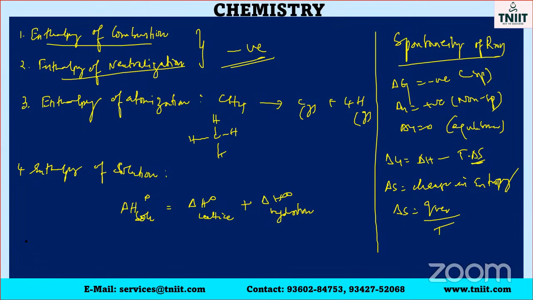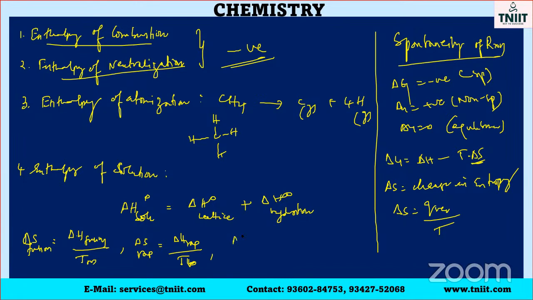We have various formulas to calculate the change in entropy. The change in entropy of fusion is given by enthalpy of fusion by melting point, the temperature at which it starts melting. Likewise, entropy of vaporization is given by enthalpy of vaporization by boiling point, T_B being the boiling point.